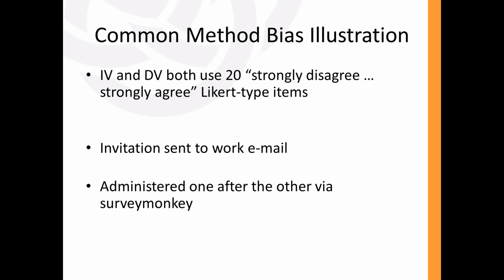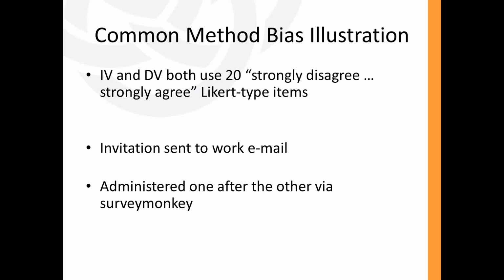Let's do a quick illustration of common method bias. Let's say that your IV and DV stand for independent variable and dependent variable, same thing as predictor and outcome, or predictor and criterion variables. Let's say they both use 20 Likert type items ranging from strongly disagree, disagree, neutral, agree, strongly agree.